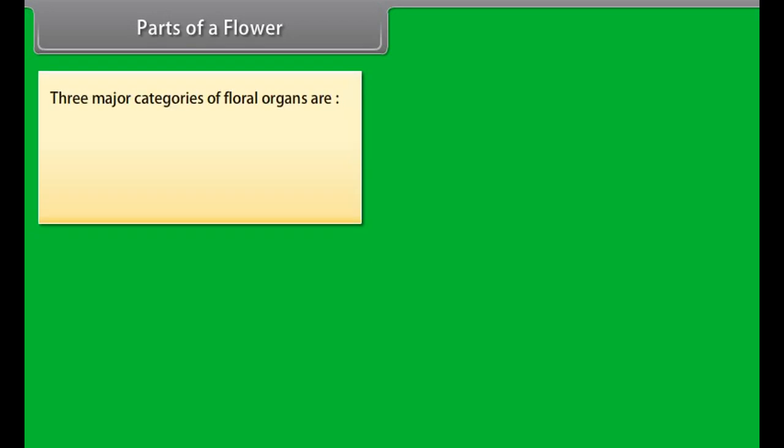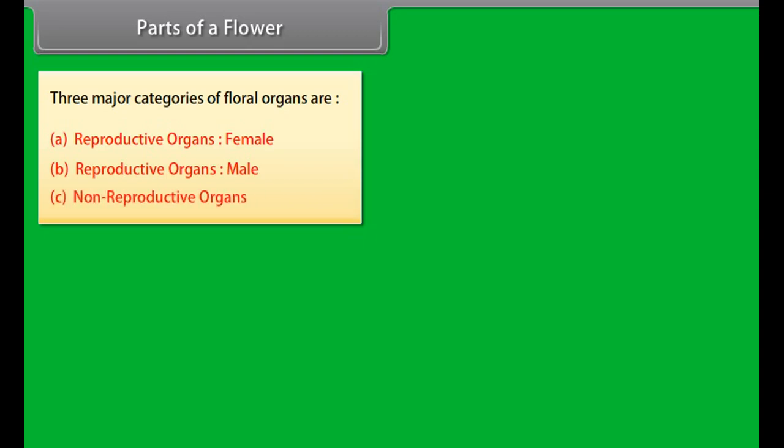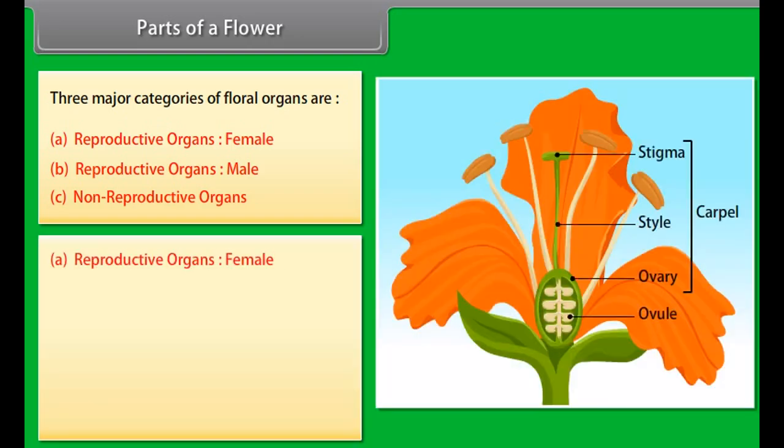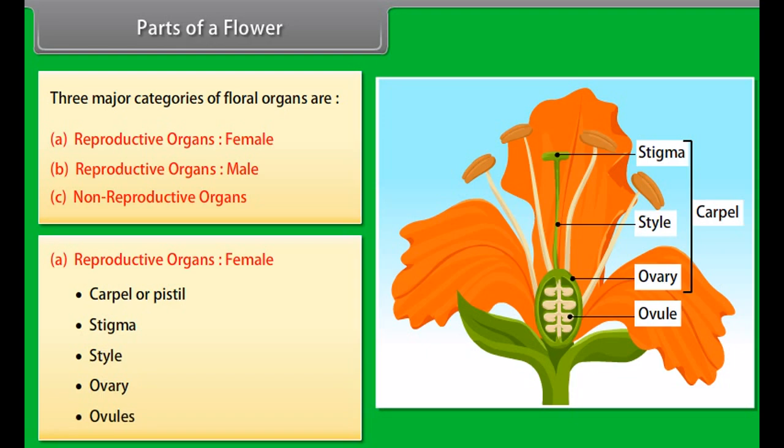Parts of a flower. Three major categories of floral organs are reproductive organs, female, reproductive organs, male, and non-reproductive organs. A. Reproductive organs, female: carpel or pistil, stigma, style, ovary, ovules.